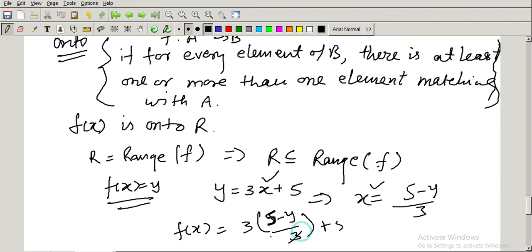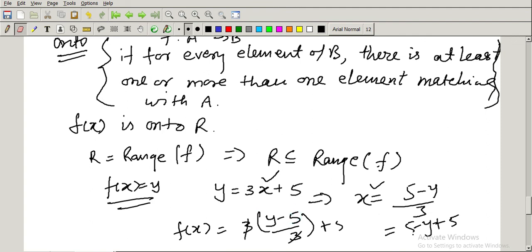तो 3 कैंसिल, 5 माइनस वाई प्लस 5, ठीक है, 5 माइनस वाई प्लस 5, राइट. सो माइनस 5, okay, no, it is y minus 5, okay. So here it will be y minus 5, right.